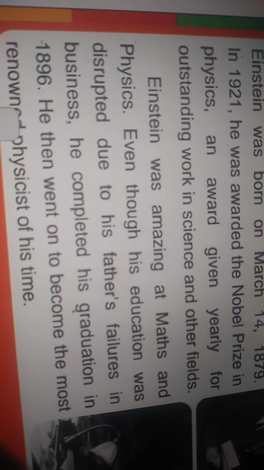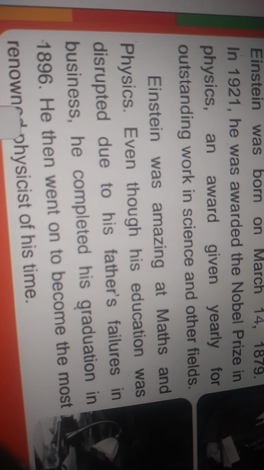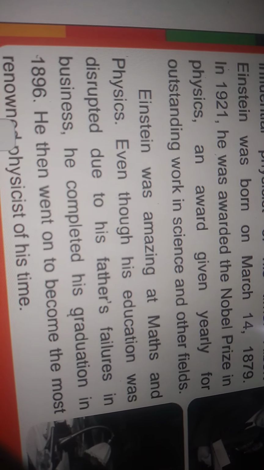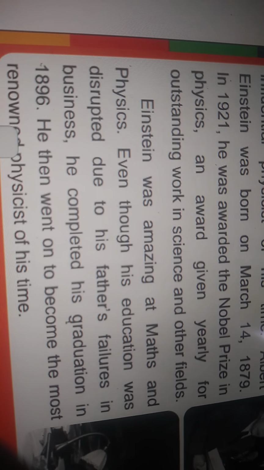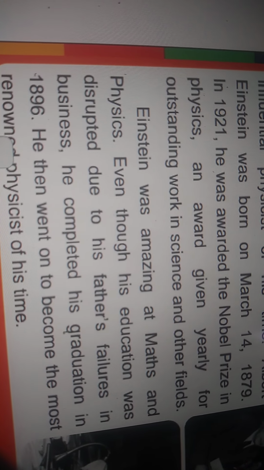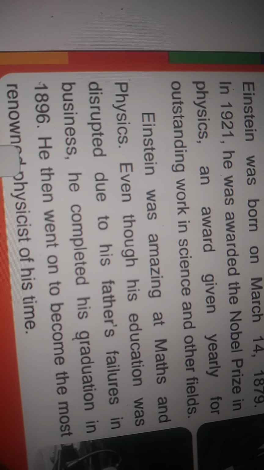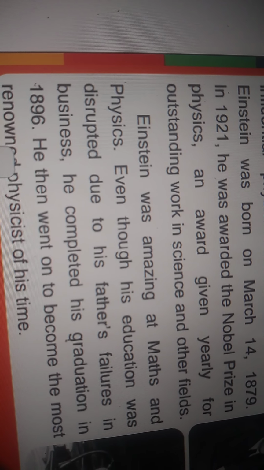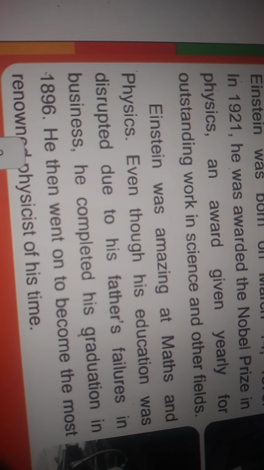So even though he was not able to continue his school for a long time, however he managed to go to school often and he completed his degree. He then went on to become the most renowned physicist of his time, shining as a great, memorable physicist in his period.